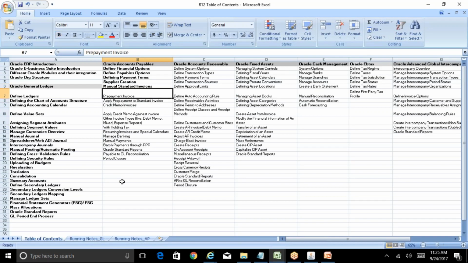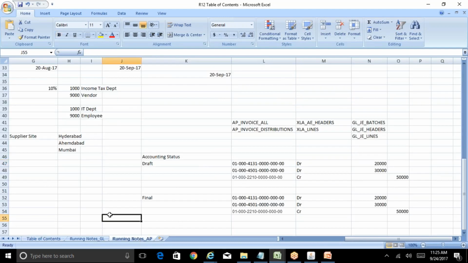Okay, so what is a prepayment invoice? As the name itself says, prepayment, we are paying in advance. Let us assume you pay something in advance to the vendor.